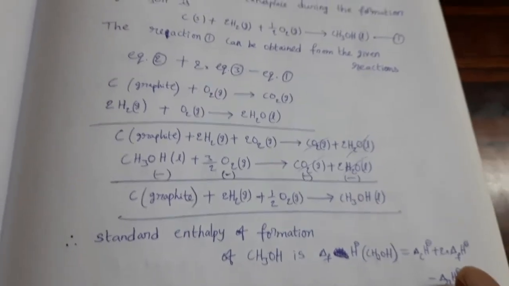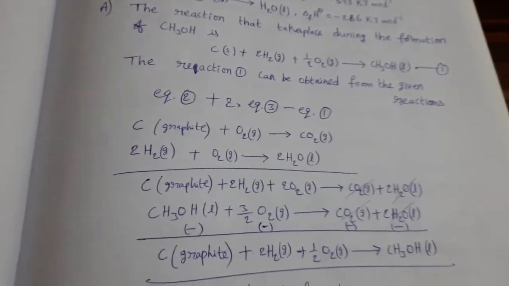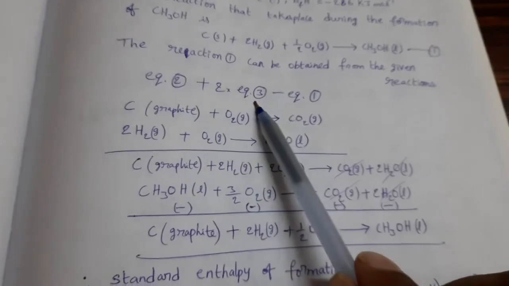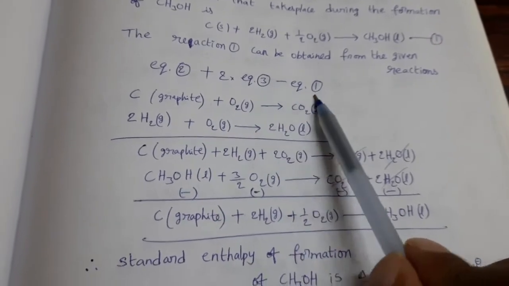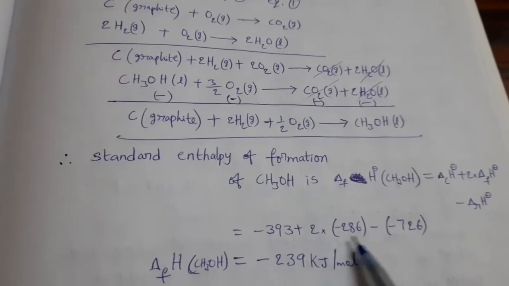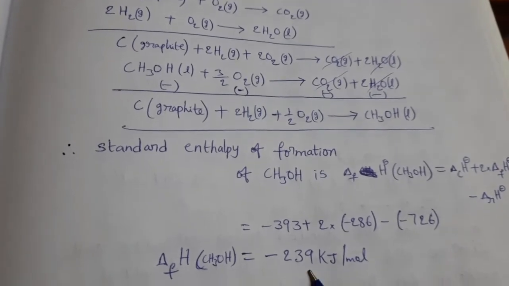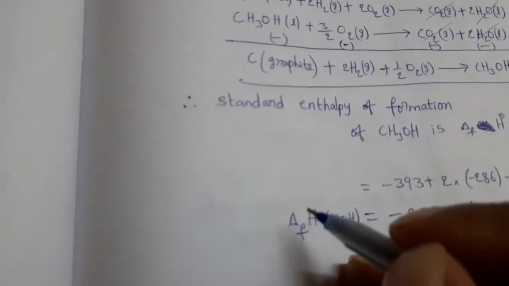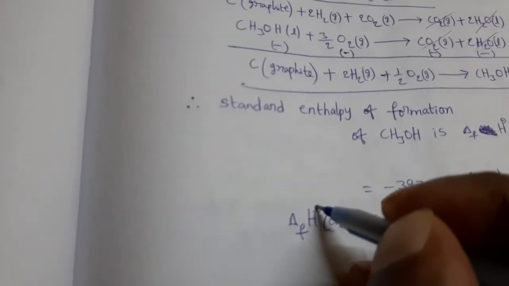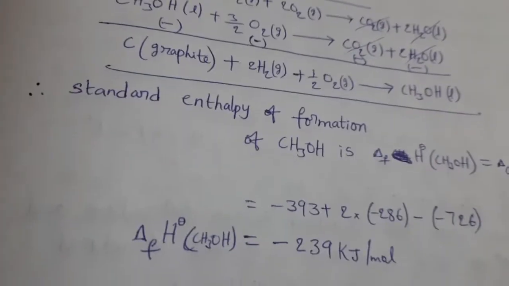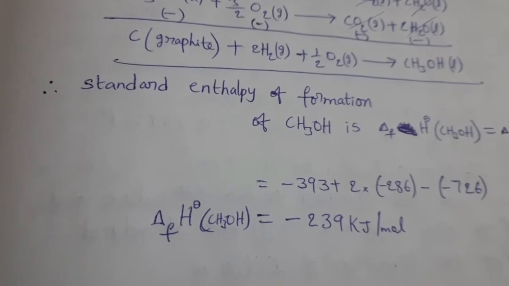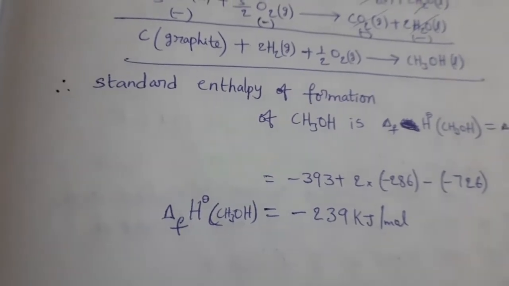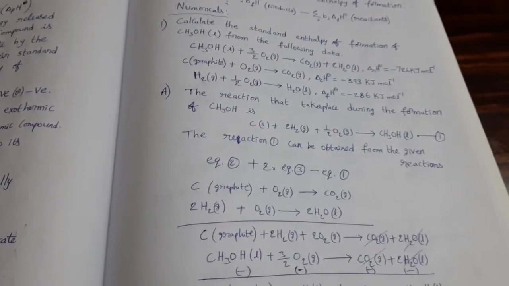So first equation, second equation enthalpy plus 2 into third equation enthalpy minus first equation enthalpy. Substitute the values. Finally we can get standard enthalpy of formation of CH3OH, that is minus 239 kilojoule per mole. Okay, practice the numericals carefully. See the next numerical.